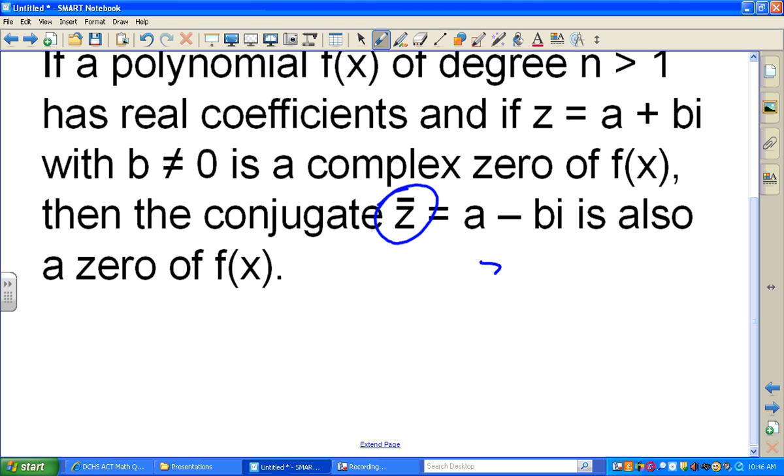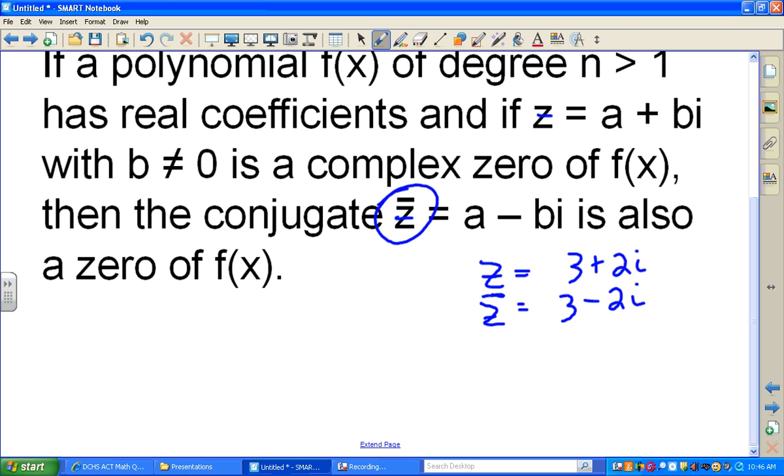For instance, if z is a complex number and it equals 3 plus 2i, z hat is the notation that means its conjugate, 3 minus 2i. So the little hat means conjugate, a little line over the z. Z is normally a complex number, so z hat is the complex conjugate of that.